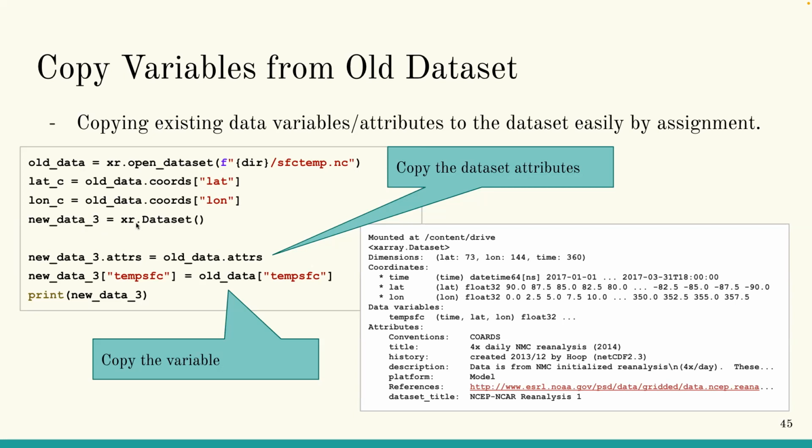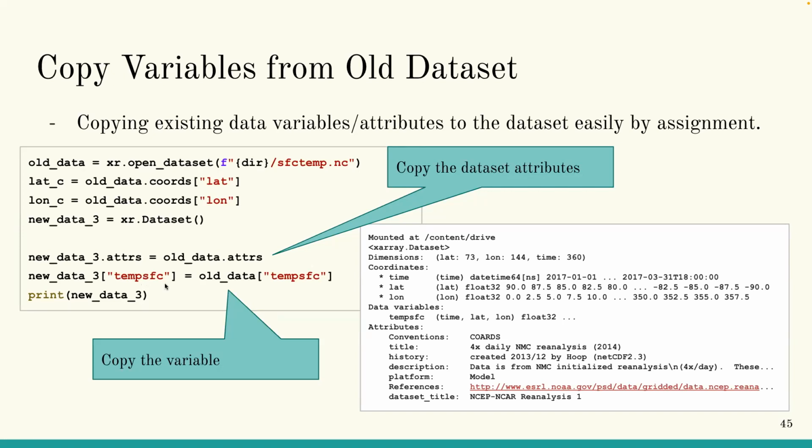This is just copying everything. Okay, this is initiating a new data set in here, Xarray data set. So new data 3 is a new data set in here. We are copying the old data attributes to the new data, and a certain variable from the old data to the new data, with the same variable name.